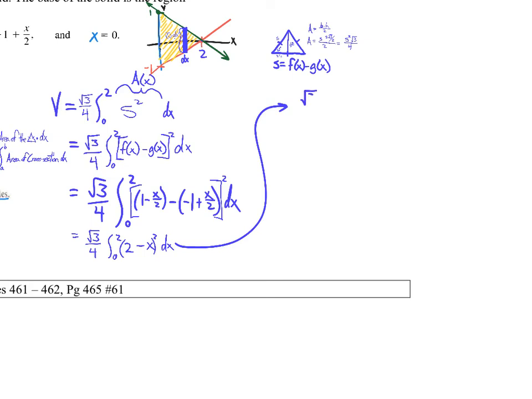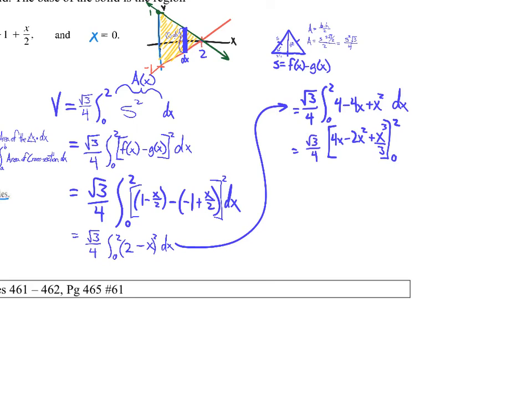So, root 3 over 4 times the integral from 0 to 2 of 4 minus 4x plus x squared dx. So we have 4x minus 2x squared plus x cubed over 3, evaluated from 0 to 2, and then multiplied by the root 3 over 4.